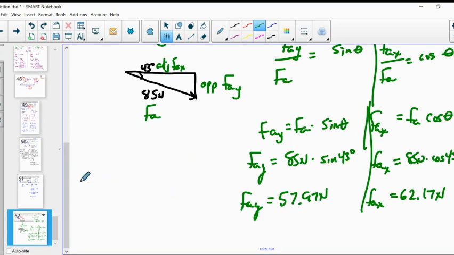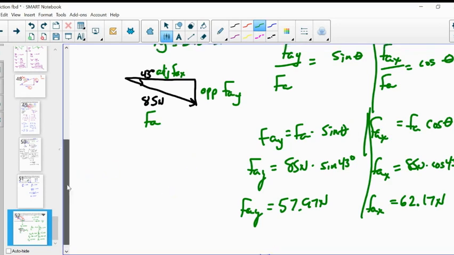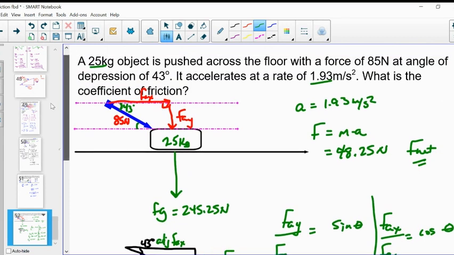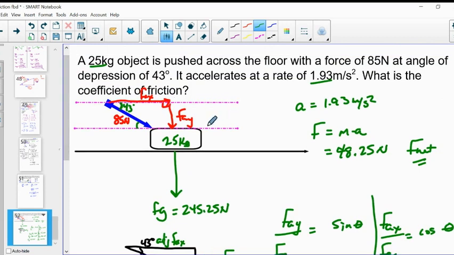Okay, so what does that mean in terms of our free body diagram? Well, what that's telling us is that we have an applied force moving in this direction because we have some friction moving in the opposite direction.